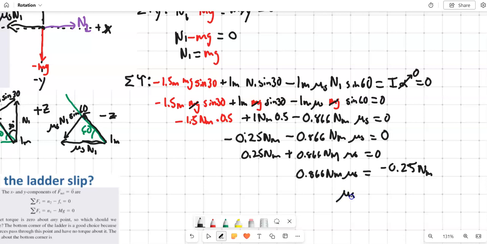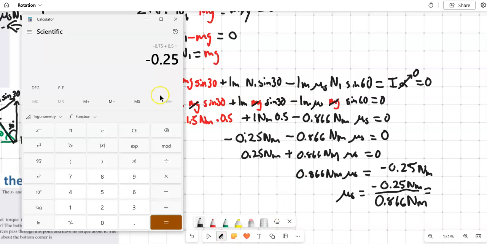And then we're going to divide both sides by that. So negative 0.25 Newton meters divided by 0.866 Newton meters. Okay, so let's put that in the calculator. 0.25 divided by 0.866 equals 0.29.